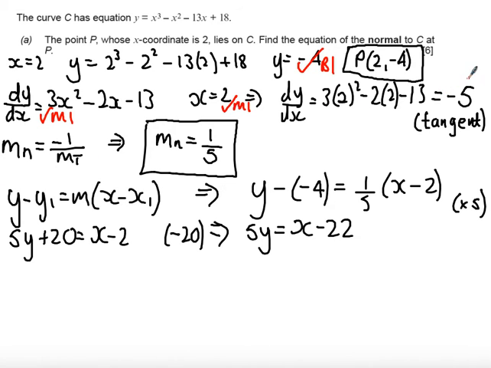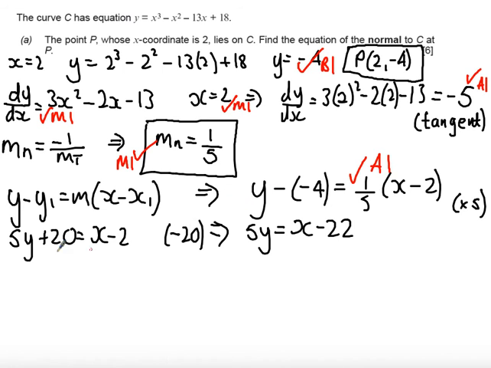There is an answer mark for getting that dy by dx is in fact equal to minus 5. And there is then a method mark for using the property between the tangent and the normal. Finally, there is an answer mark for the correct substitution of these values into y minus y1 equals m(x minus x1).